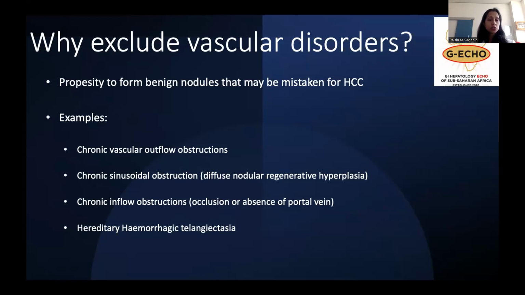Other instances would be the chronic sinusoidal obstruction of diffuse nodular regenerative hyperplasia, or inflow obstructions where you have a congenitally absent portal vein, or hereditary hemorrhagic telangiectasia. So in these vascular conditions, LIRADS is not indicated.